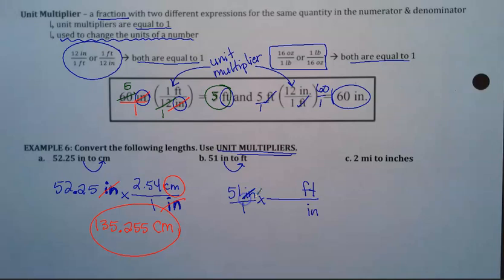So our inches will cancel. We're setting it up that way. Okay, so how many inches are in a foot? Good. So there's 12 inches in 1 foot. So now we do 51 times 1, which is 51, over 1 times 12, 12, so 51 twelfths.